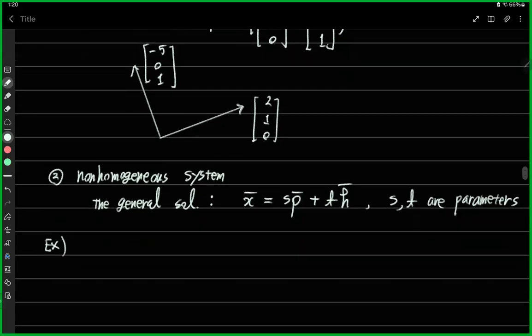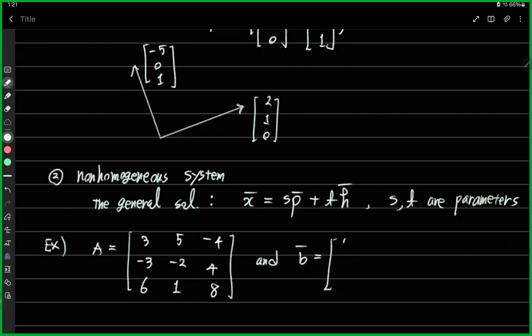That's what I'm going to show you. So A is example 3 in page 52 in the textbook: 3, -3, 6, 5, -2, 1, -4, 4, 8. And b is 7, -1, -4.